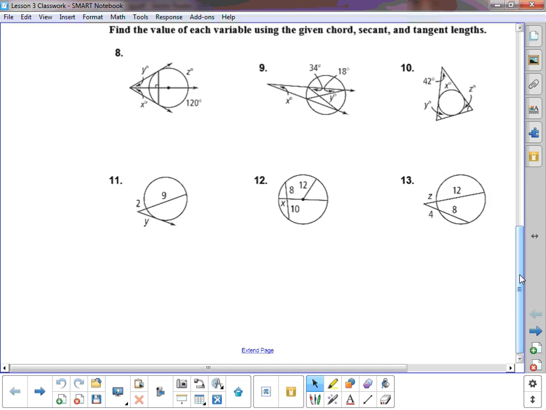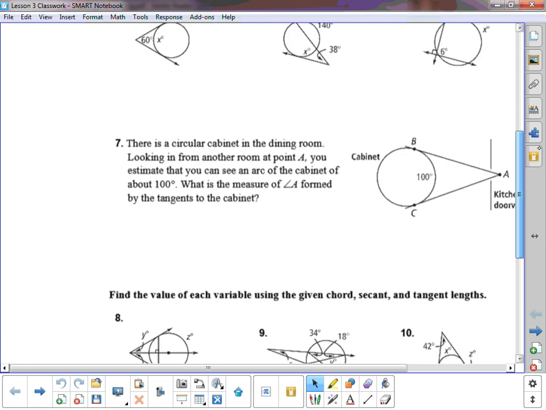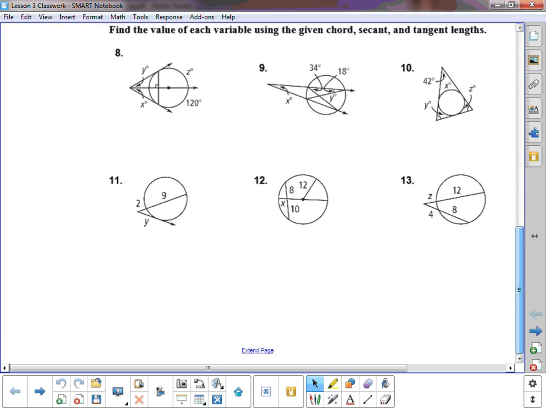Let's take a look at number 11, 12, and 13. You'll notice at the top of our classwork here, this is dealing with angles. So we've done quite a bit with that. Let's take a look at the things we learned today. For number 11, I just want to make sure that we get the setup for each of these, and I'll have you guys solve them.